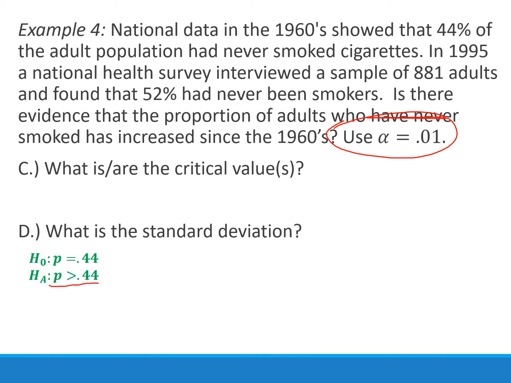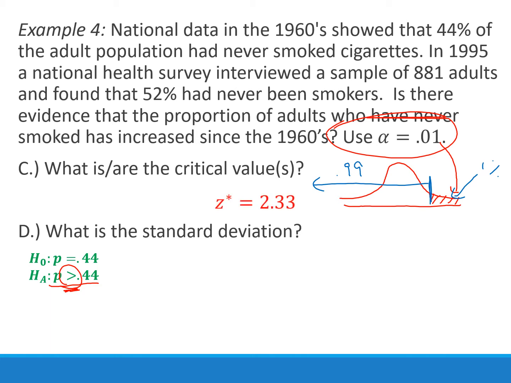The important thing about it is that it's a right-tailed test. So what this is really telling us is that we have a right-tailed test and we have 1% on the right side. Whatever alpha level is, we put it all in this tail. So we have 1% in that tail, and we're going to look up a z-score that has 1% over here. We always look for the area to the left of that, so we would look up 0.99 in our table. We get a critical value of 2.33.